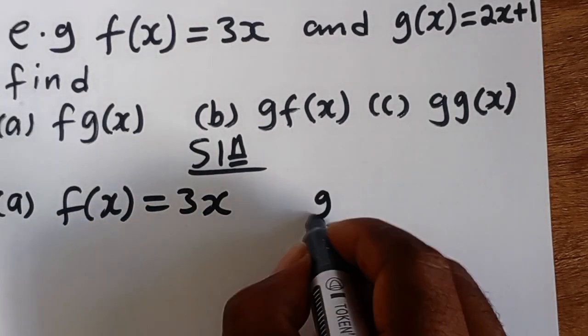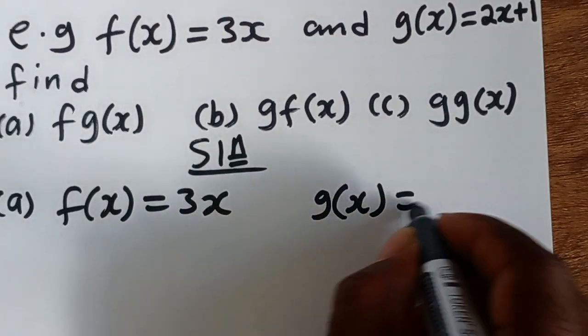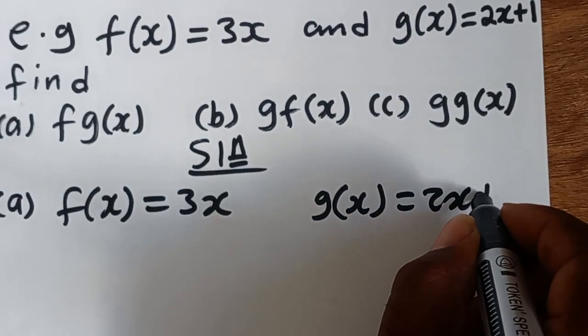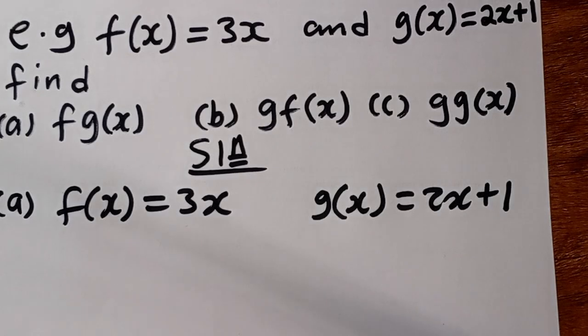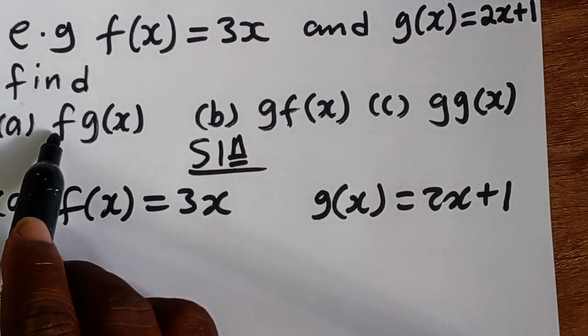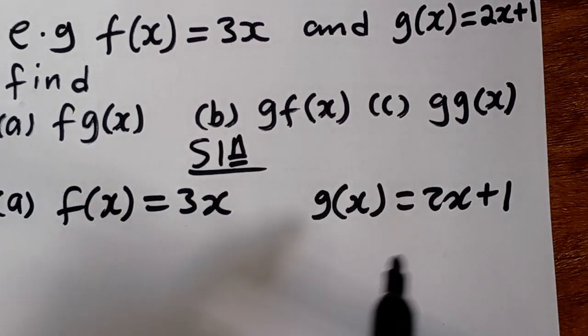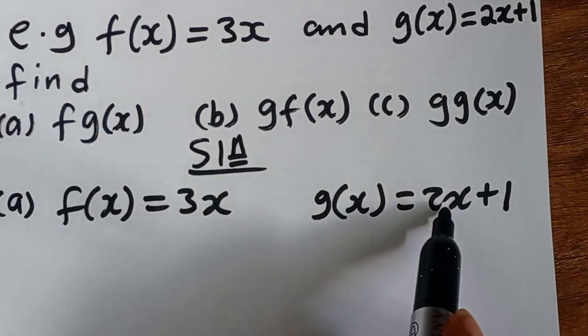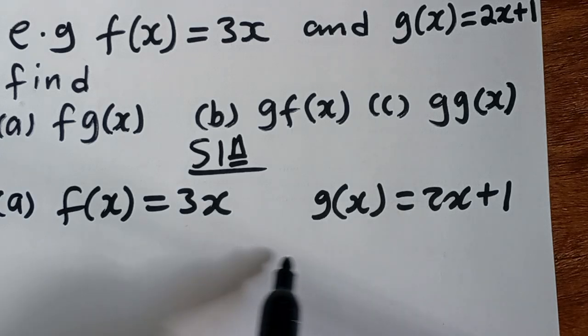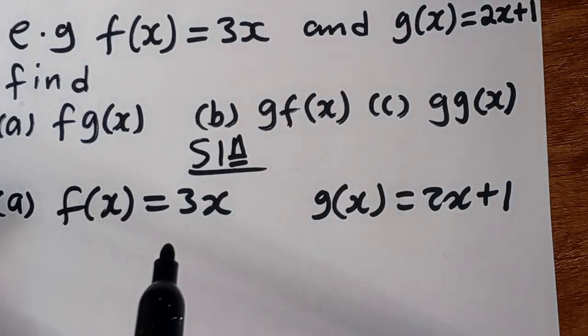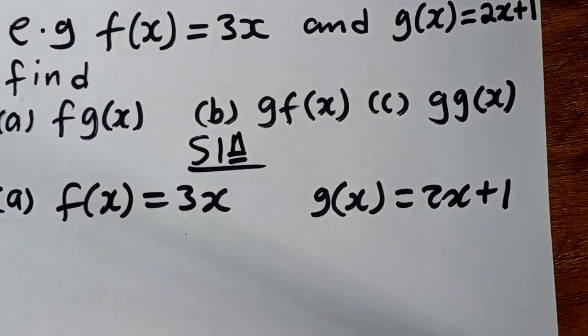You've been given the g function, g of x is equal to 2x plus 1. So what does this mean? When we say fg of x, it means g of x will be substituted in x of the f function.